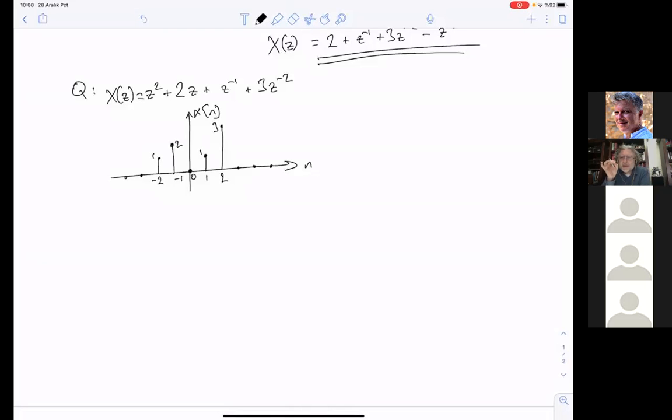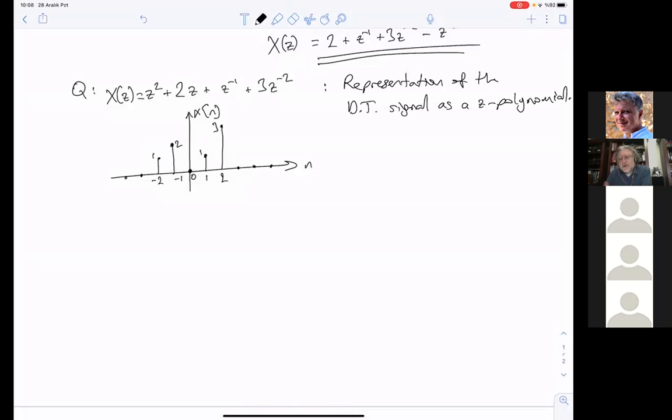Okay, this is what the z transform is. It is the representation of the discrete time signal as a z polynomial.